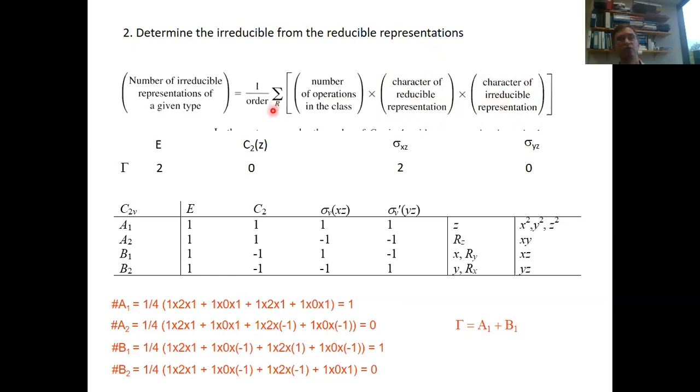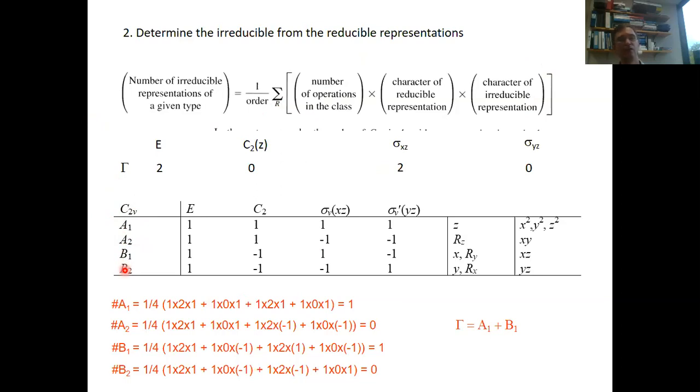Then we just sum over all the symmetry operations R, and that gives us the number of irreducible representations of a particular class. In the point group C2V, we have four different symmetry types, A1, A2, B1, and B2. We can apply this formula to all these symmetry types to determine how many ligand group orbitals of a particular symmetry type we have.